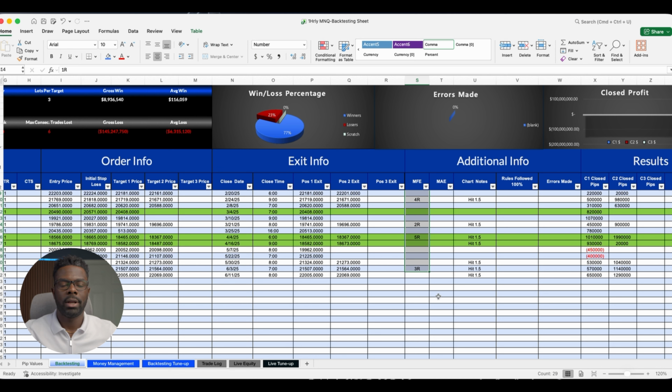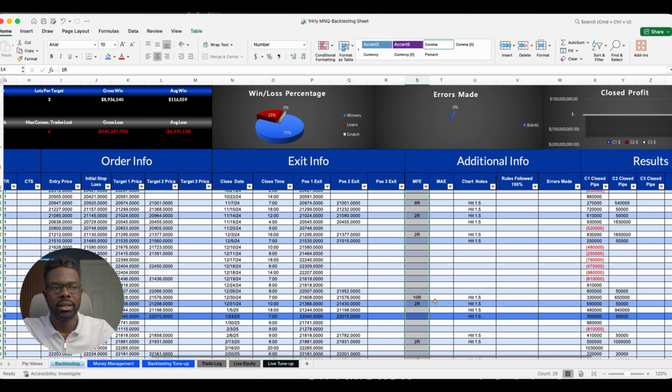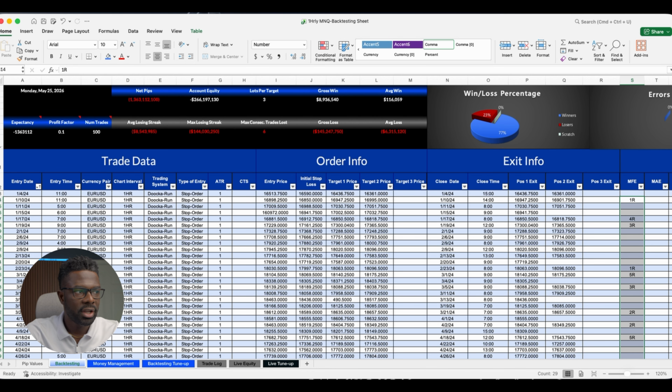Now let's say I was to trail my stop behind my profit target after the market hit 2 to 1. More often than not, I would get a 3R multiple in my trailing style. One thing I must mention is that my backtesting sheet is set up for forex pairs, and I tweaked it a little bit. I just put one currency pair in the forex market and then put my price for the Nasdaq, and I already know what I'm looking for.